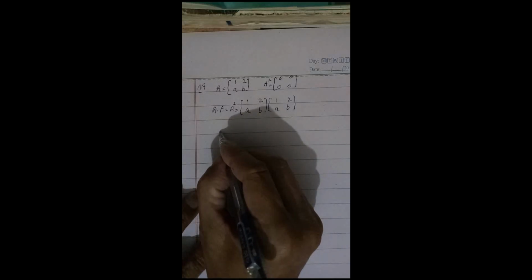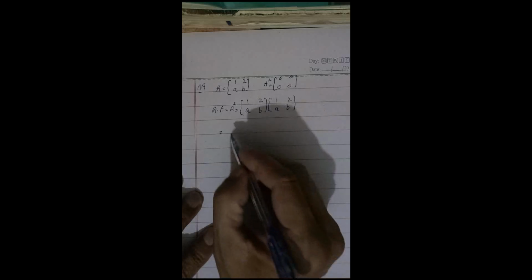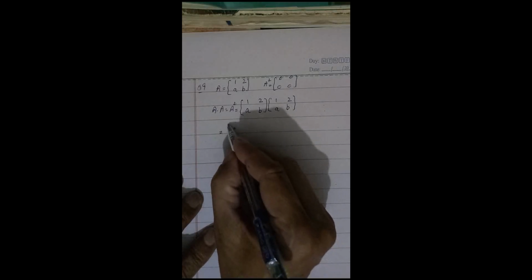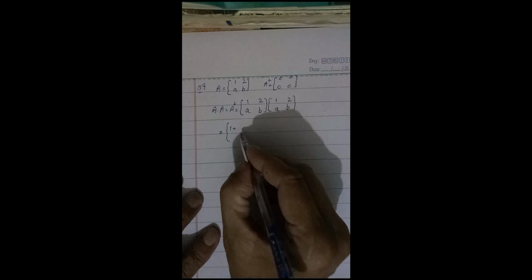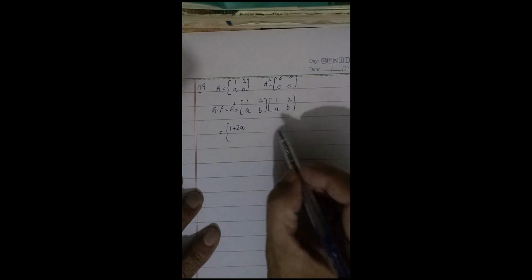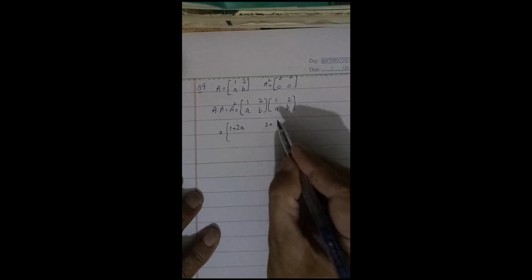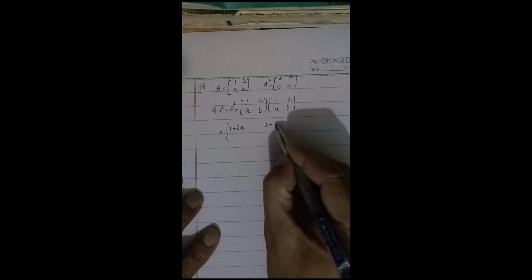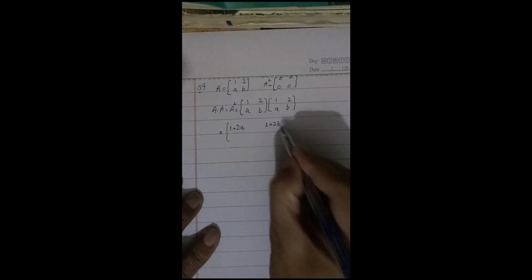They are the same, so we multiply: 1 multiplied by 1 is equal to 1, plus 2 multiplied by a is equal to 2a. Then 1 multiplied by 2, plus 2 multiplied by b, is equal to 2 plus 2b.